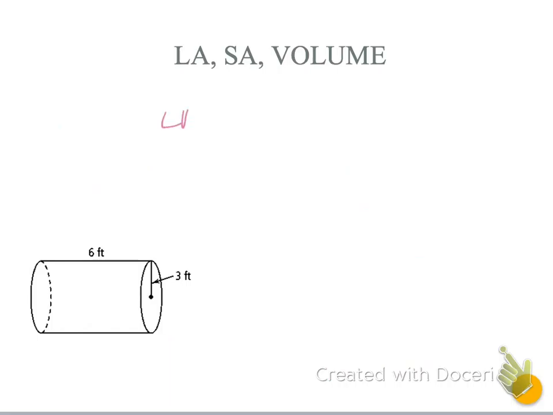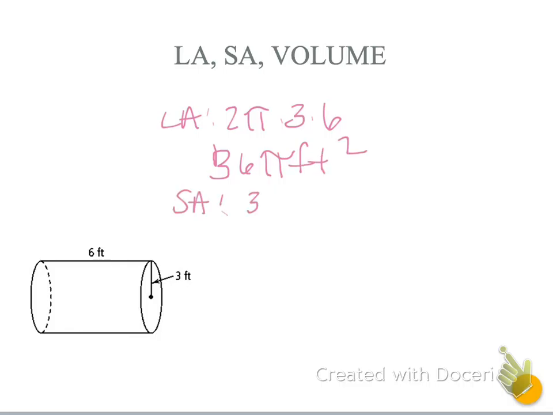Okay, so lateral area of a cylinder is 2 pi times your radius of 3 times your height of 6. So 6 times 3 is 18. 18 times 2 is 36 pi feet squared. Your surface area is your lateral area plus the area of your two bases, so 2 pi times your radius squared.